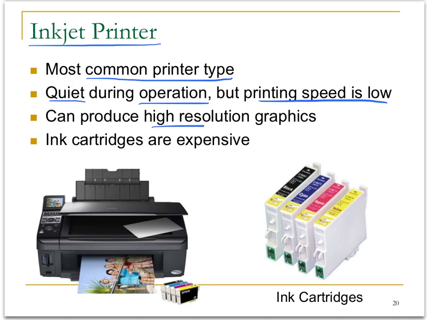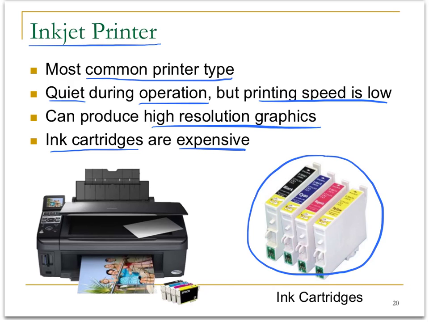That is, the running cost of an inkjet printer is very high. So even though the printer is rather cheap, the ink is very expensive. Therefore, nowadays, quite a number of people will not buy printers at home.